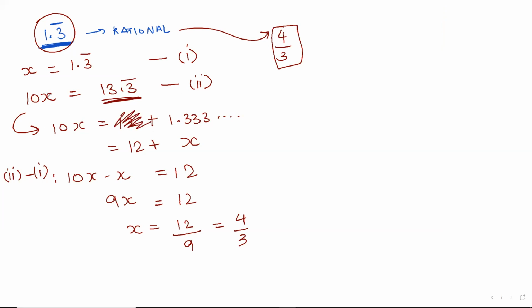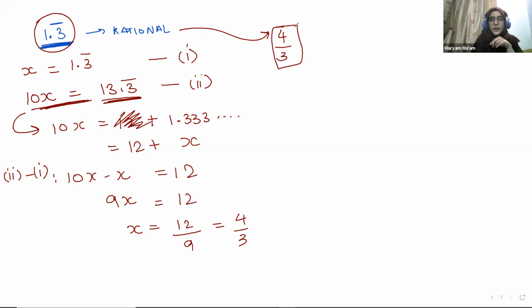Achha. But just take a look at this equation. How did we get to this point? What was the first thing we did? We said, look, we want to operate on this 1.3 bar, or let me just rename it as 1.333.